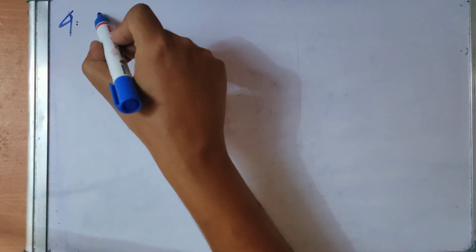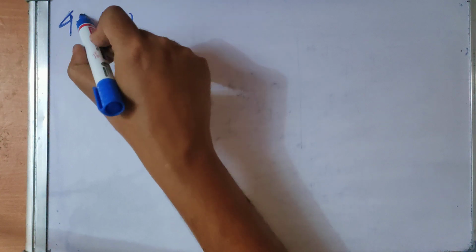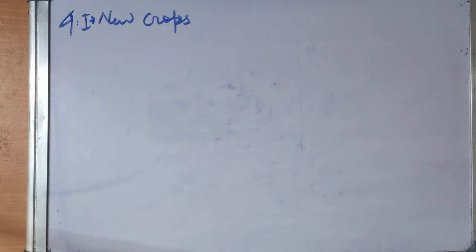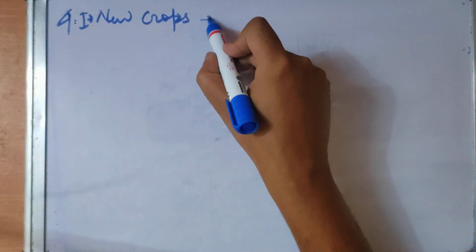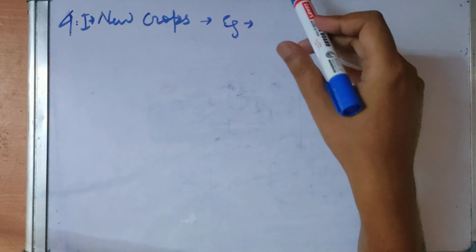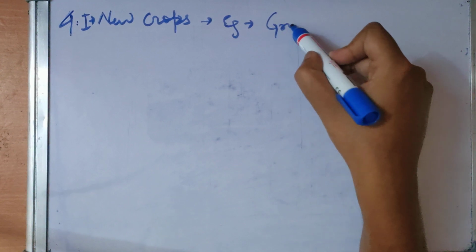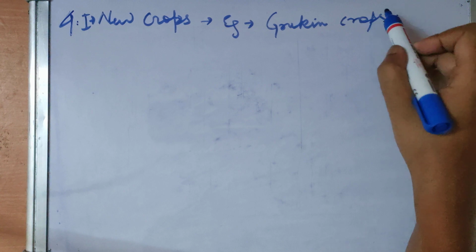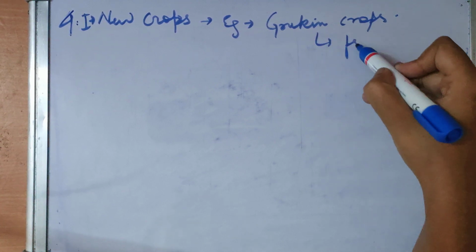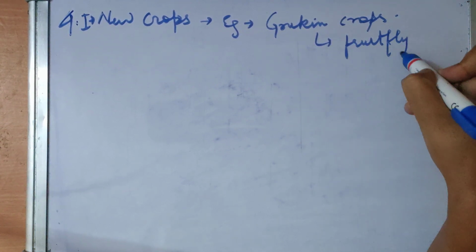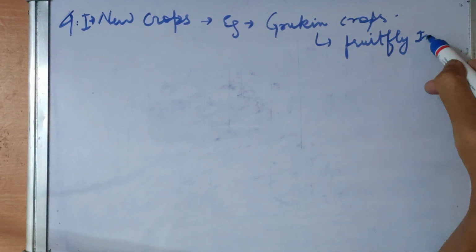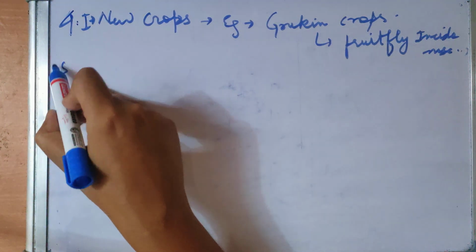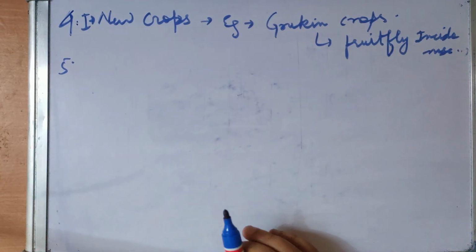Introduction of new crops, new varieties, such as for example you can see that gherkin crops lead to more fruit fly incidence. Number 5, improved agronomic practices.